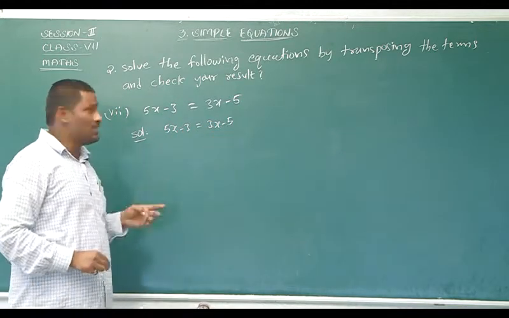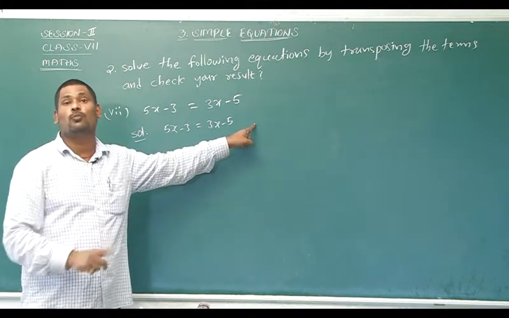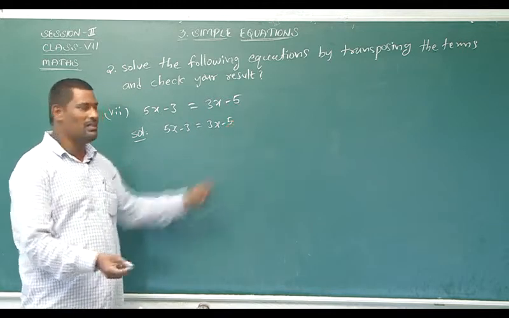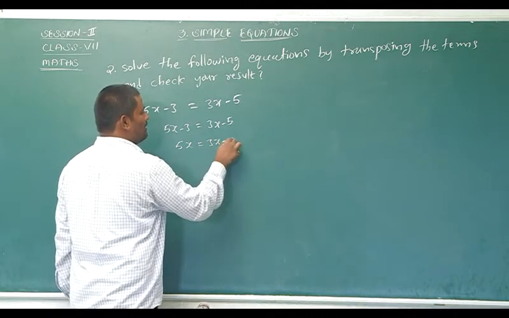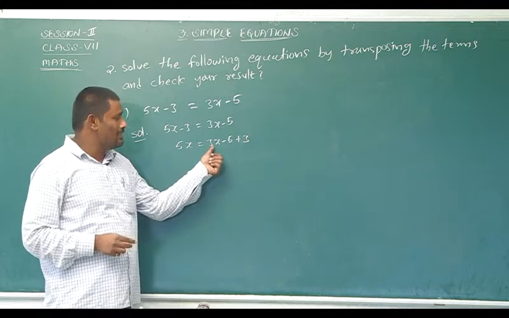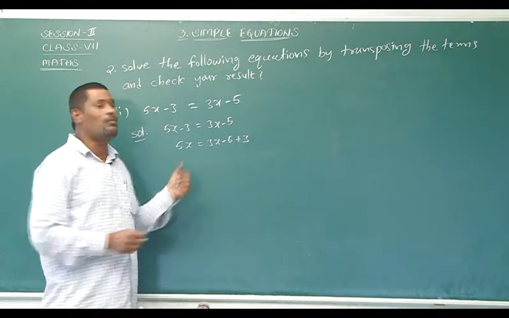Now I will transpose this minus 3 to that side. It changes into plus 3. When minus 3 is transposed to the RHS, it changes into plus. So 5x equal to 3x minus 5 plus 3. Then I will transpose this plus 3x to the left hand side, and it changes into minus 3x.